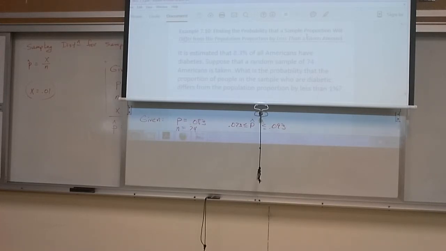It's got p. Standard error of p hat, right? Okay, that's right. So then you can draw your picture and use that standard error to figure out where 0.073 and 0.093 are, and then you'll be able to go right to your normal CDF.